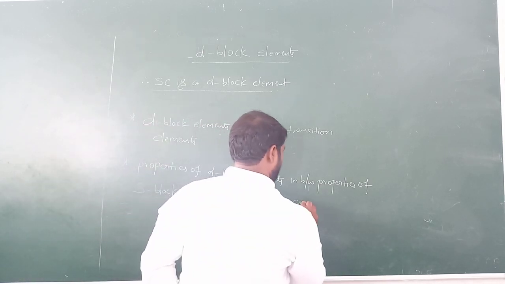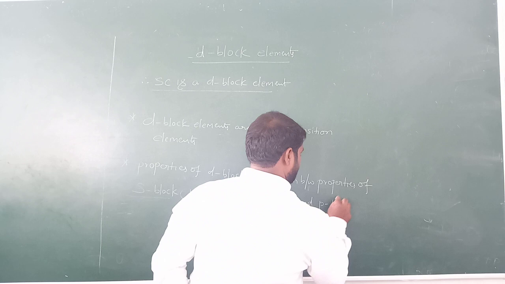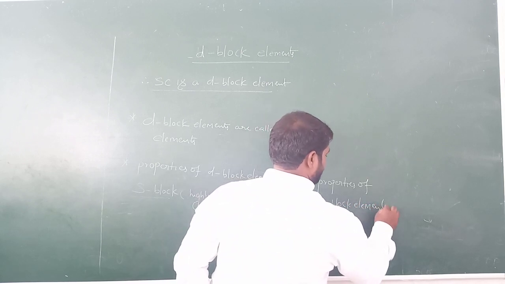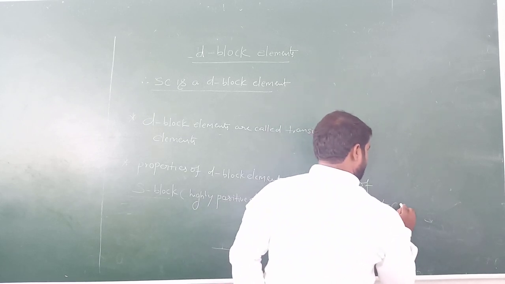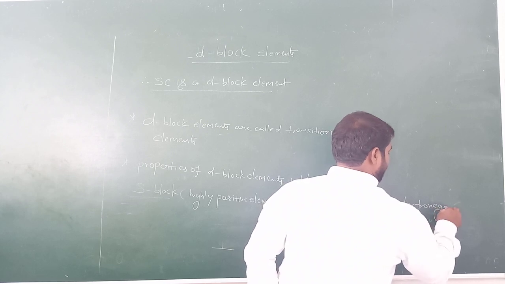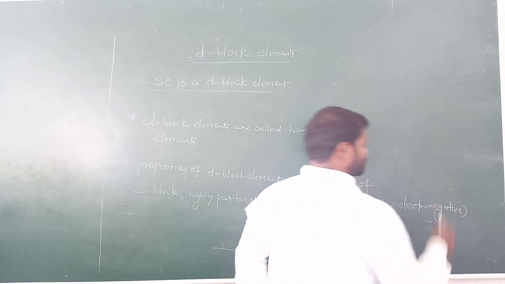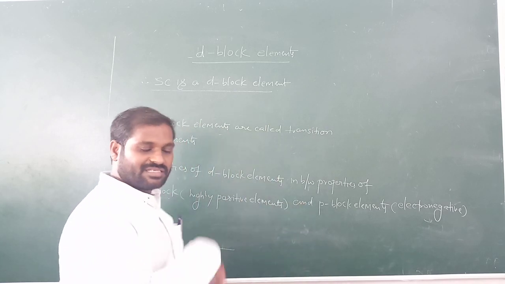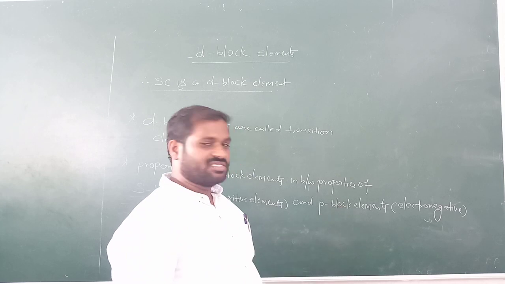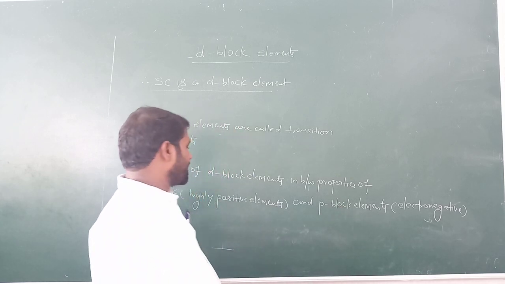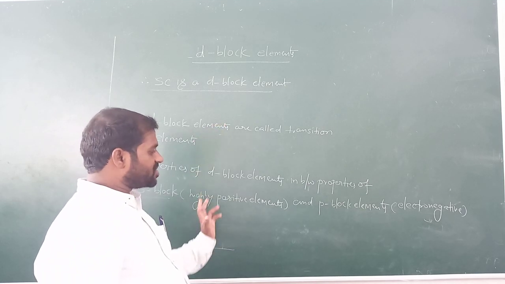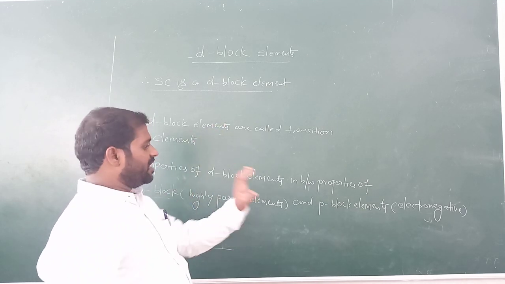And p block elements are electronegative elements. That means they are ready to take a negative charge. They gain electrons easily. When an atom gains electrons, it acquires a negative charge. When it loses electrons, it shows positive. Now the d block elements' properties are in between s block and p block.